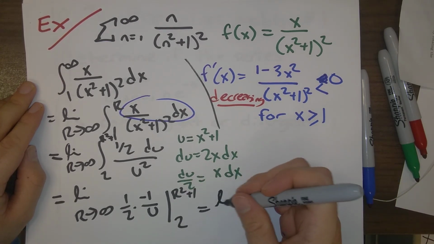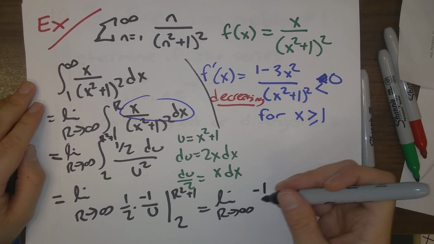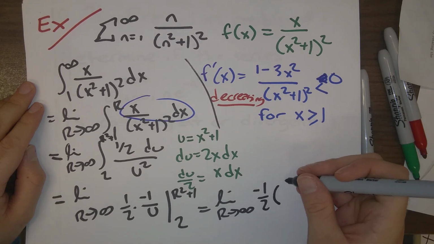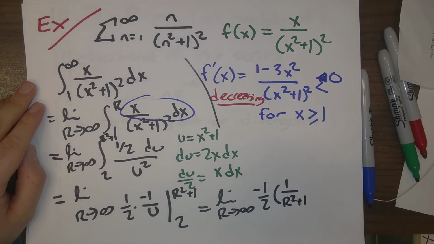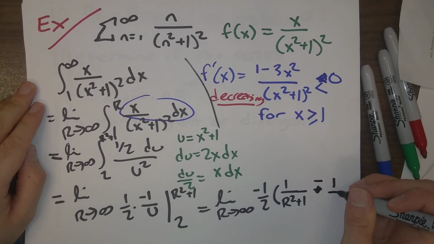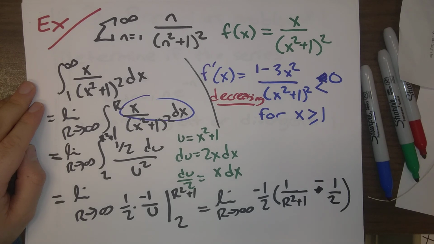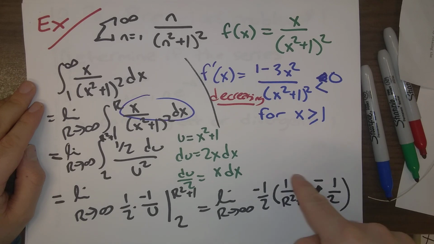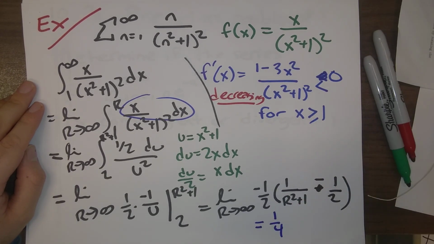So that's the limit as r goes to infinity of minus 1/2 times 1 over r squared plus 1, and minus, sorry, that should be a minus minus 1 over 2. As r goes to infinity, this whole fraction goes to 0, and so we're just left with minus 1/2 times minus 1/2, which is 1/4.